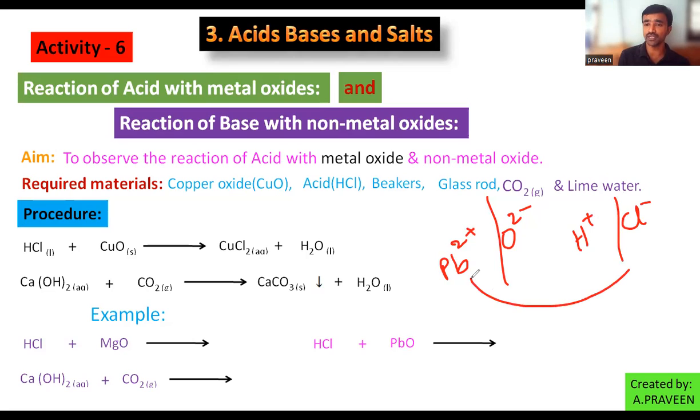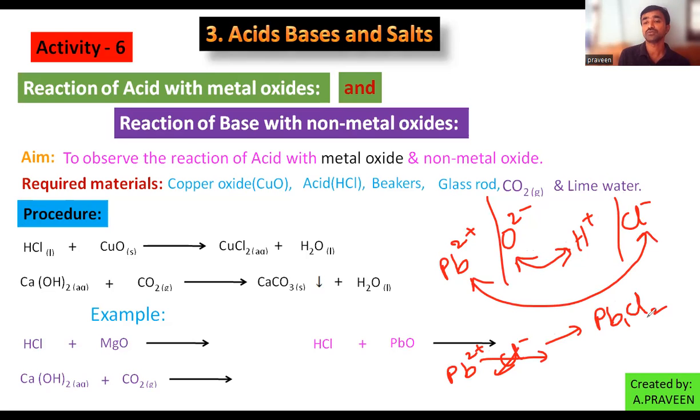So opposite combinations, right? Pb 2 plus and Cl minus. So radicals oppositely exchanging. So what will you get here? Pb 1 and Cl 2. So the products expected here are PbCl2 and H2O, right?